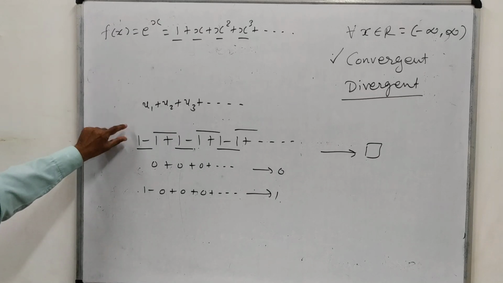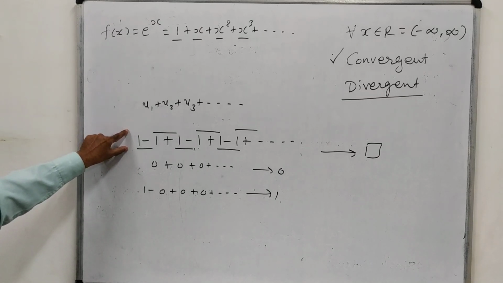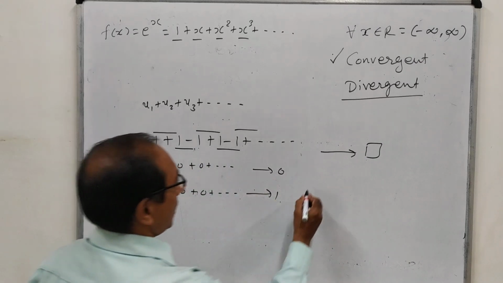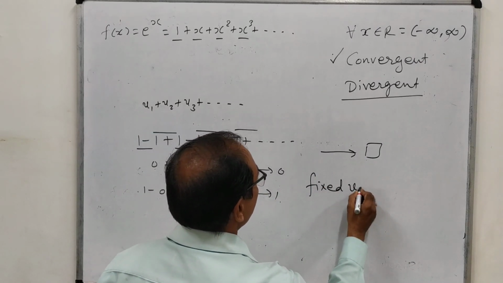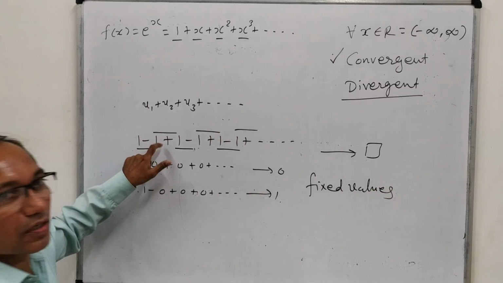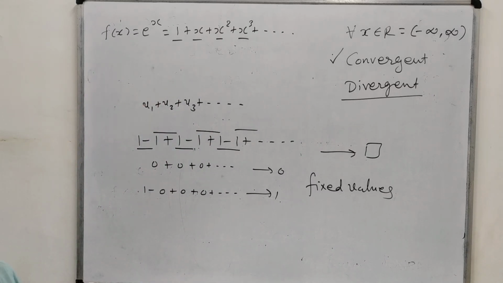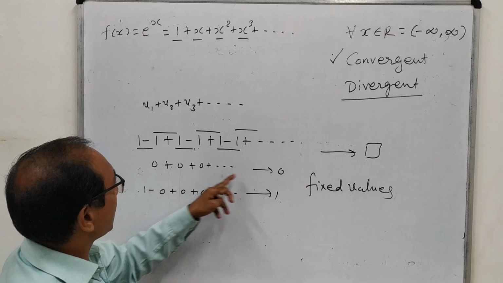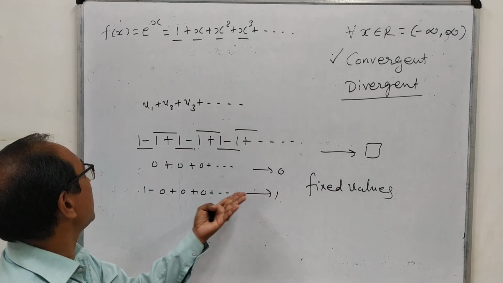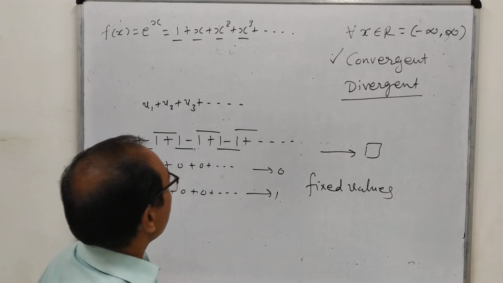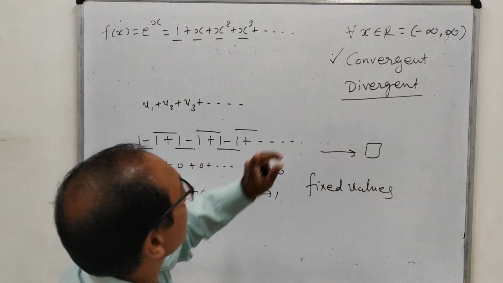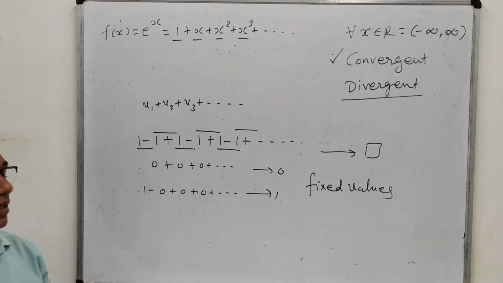So this series does not tend to a fixed value. So we say that this series is not convergent. It is meaningless, and if we use this kind of series in further applications, we get the worst results, that means results not as per our requirement. Sometimes it tends to 0, sometimes it tends to minus 1, and so on. So this is not convergent, and convergent means tending to some fixed value.